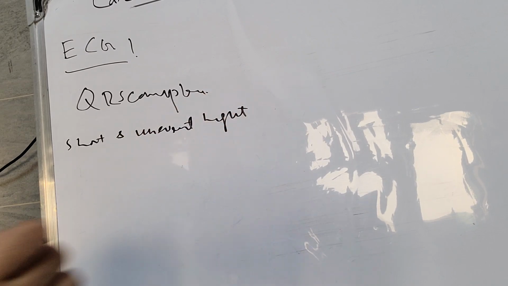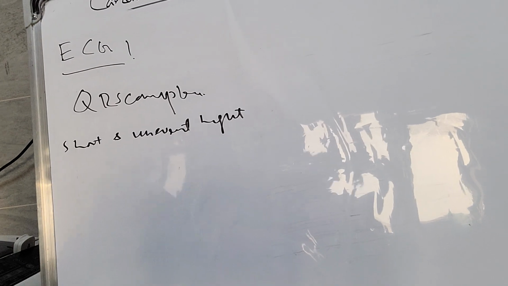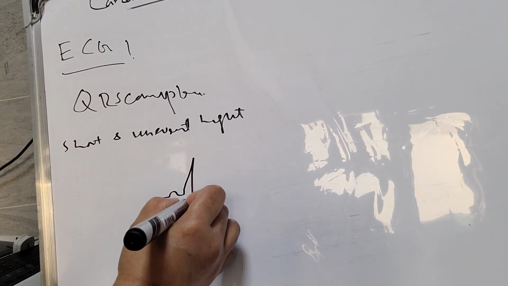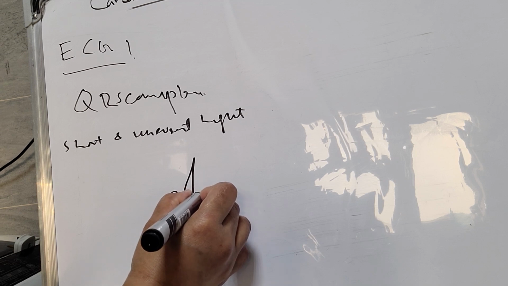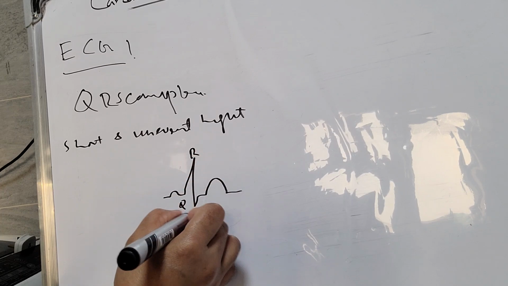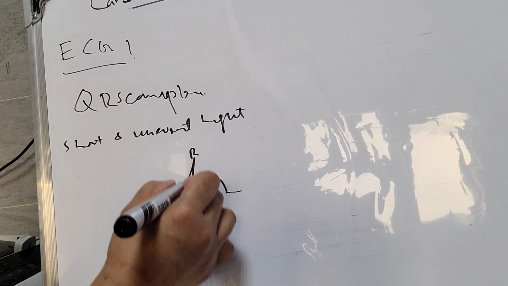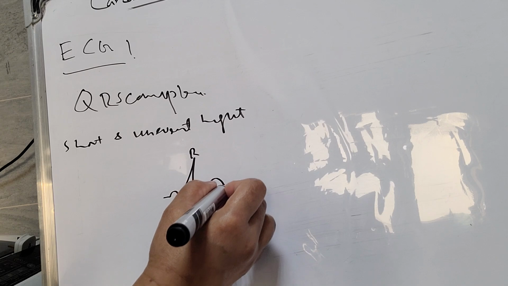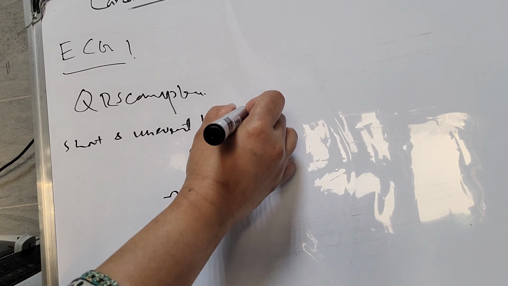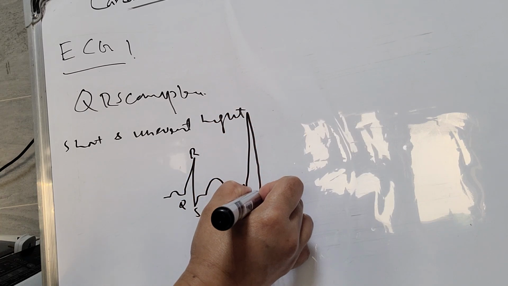in height. For example, I will draw one picture for you. For example, this is the QRS. So this is short, then uneven, it will go very high.